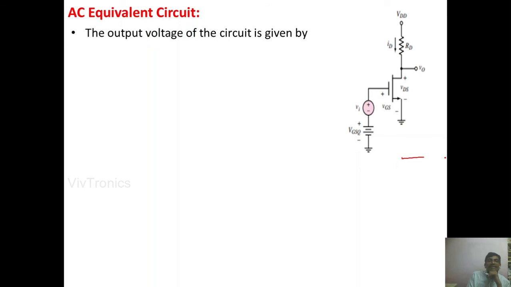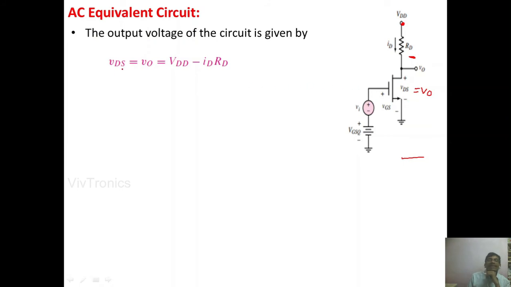So let us see, the output voltage of the circuit can be given as VDS, which is equal to V0. Here VDS is nothing but V0, which is equal to the voltage VDD minus the drop in the resistance RD. When we apply KVL at the output side, the applied voltage VDD is equal to the drop in this RD resistor plus VDS, that we already know.